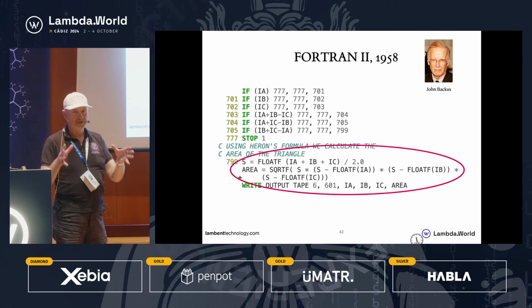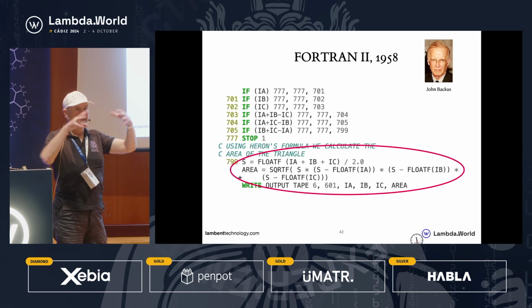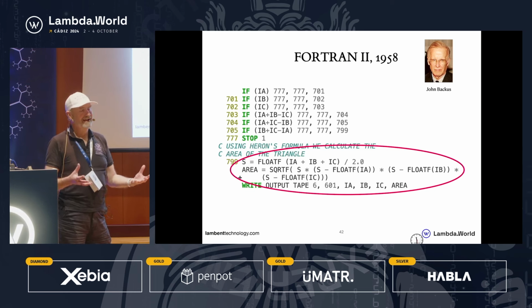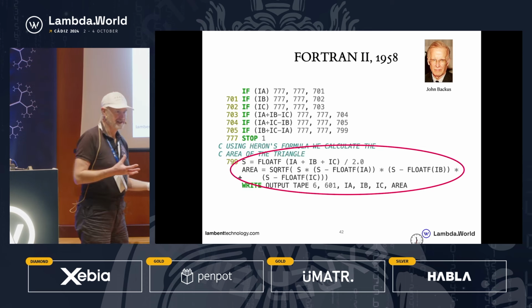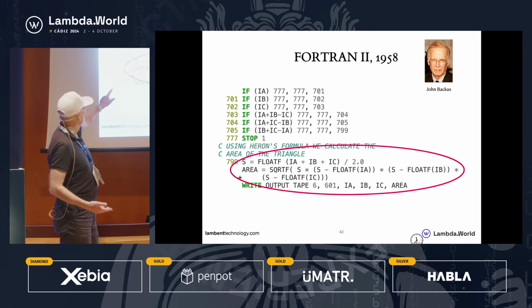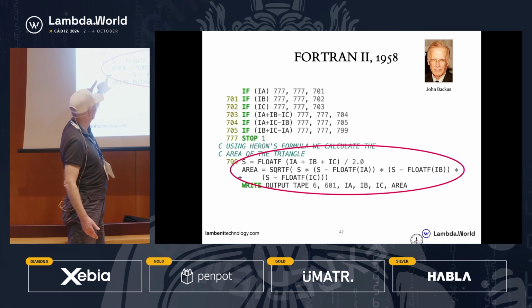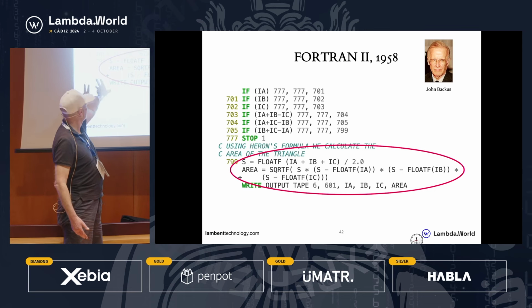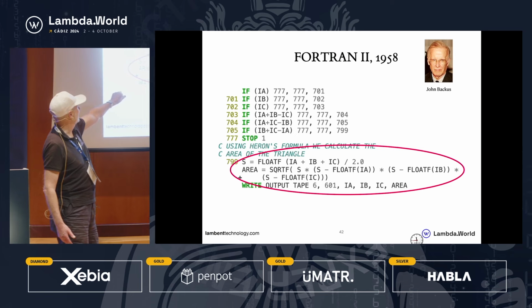So while the computers are representations in the world of states, mathematics is about relationships and transformations. And we can see one here in Fortran, which is doing a simple calculation.